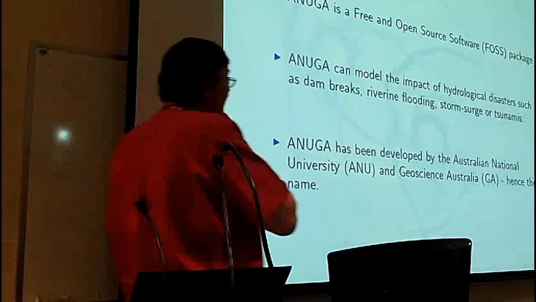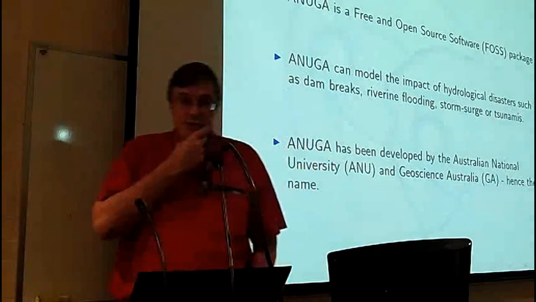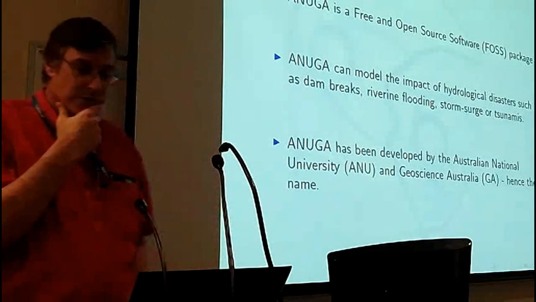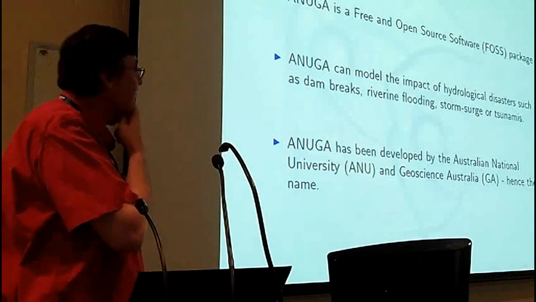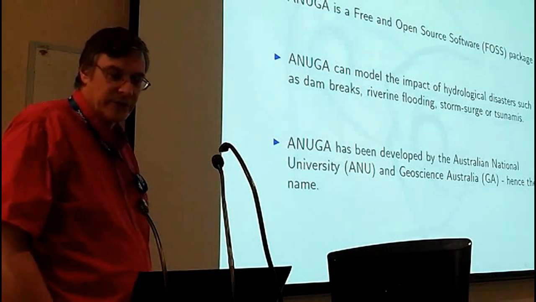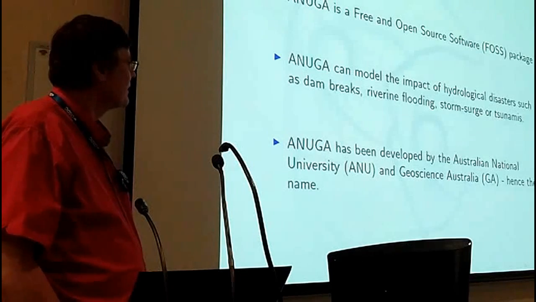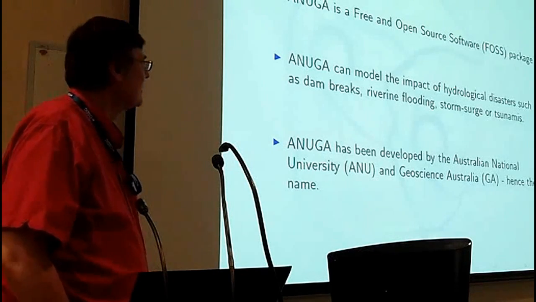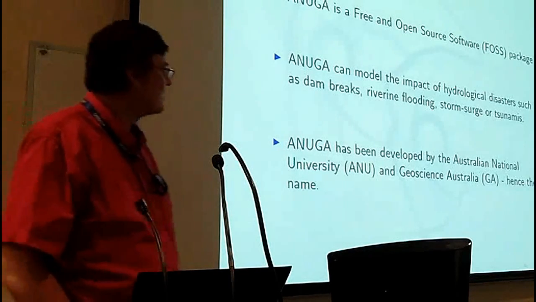So what is it? It's a free and open source software package. What can it do? It can model the impact of flooding of one sort or another, so dam breaks, flooding, storm surge, tsunamis.